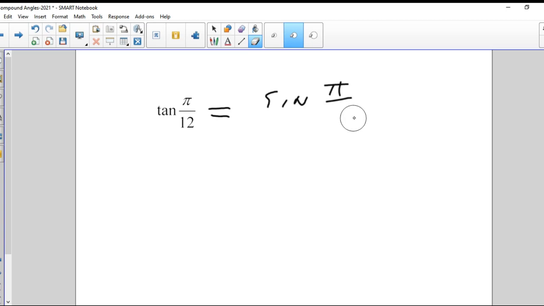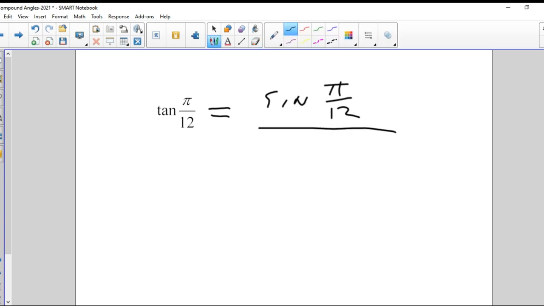This is really horrible, folks. I'm going to apologize for this horrible writing. Over the cosine of pi over 12. It turns out that anything that I'm taking the tan of, I can also find the sine of that thing divided by the cosine of that thing. That would give me the same thing as tan, FYI.